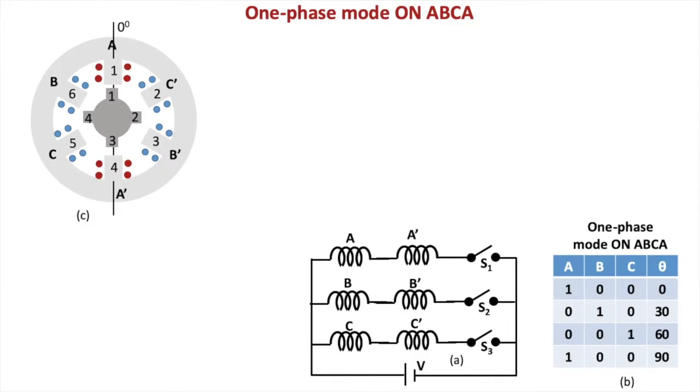So over here you can see we have energized the coil A and the motor is at 0 degree.